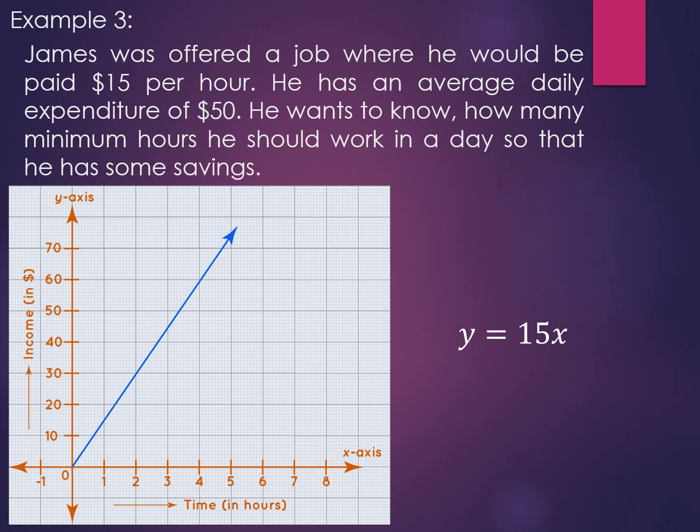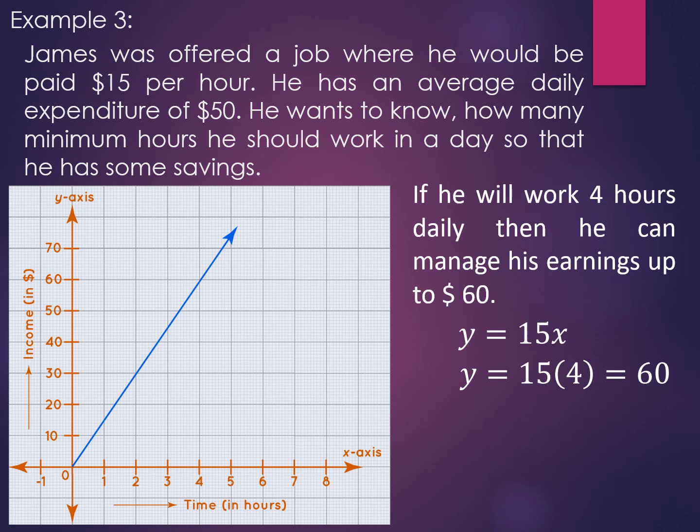So from here, the equation is y equals 15x because it says there 15 per hour for the salary. So if he is working 4 hours, according to the graph, he will be getting 60. So according to our computation, working 4 hours, 15 times 4 equals 60.